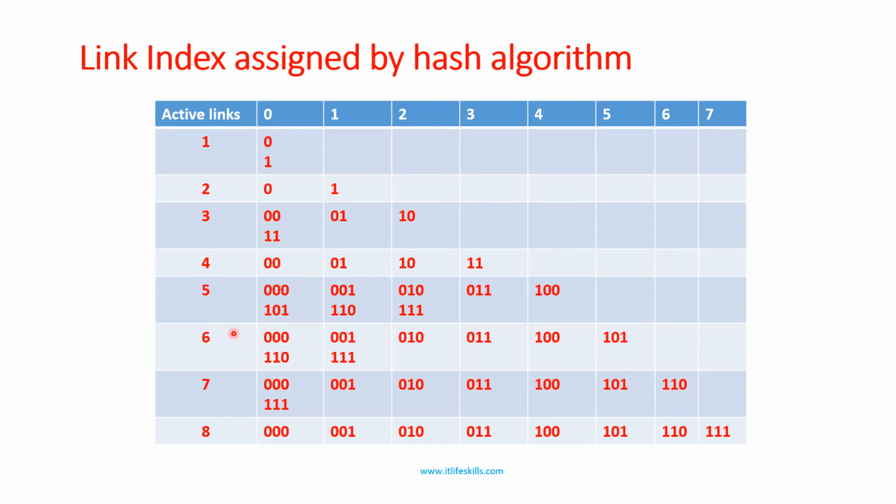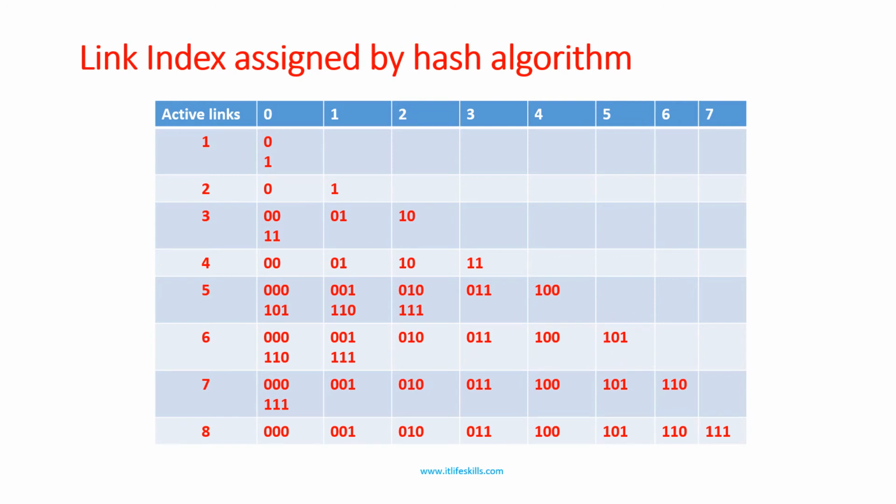If it has 6 active links, it also requires 3 bits. And if the value is 0 0 0, link 0 will be used. 0 0 1, link number 1. 0 1 0, link number 2. 0 1 1, link number 3. 1 0 0, link number 4. 1 0 1, link number 5.